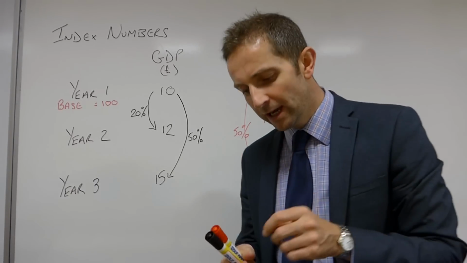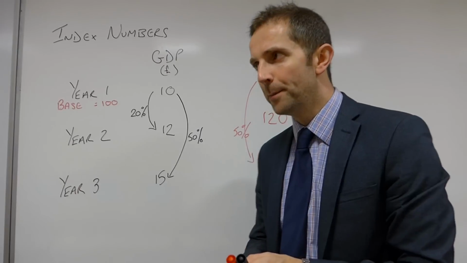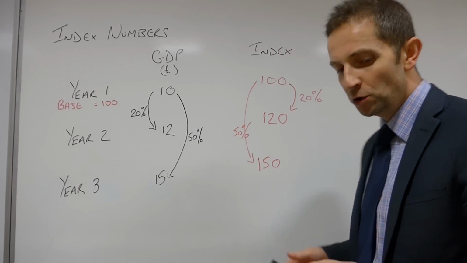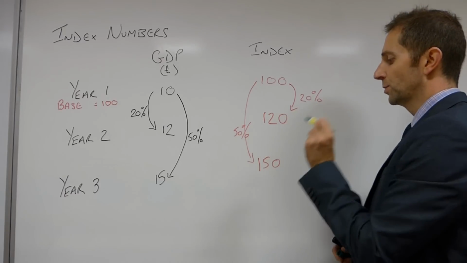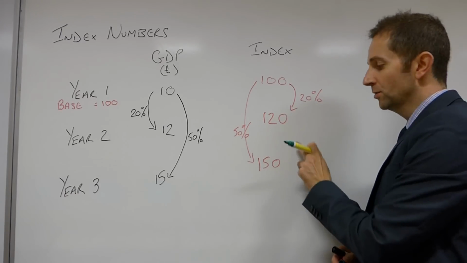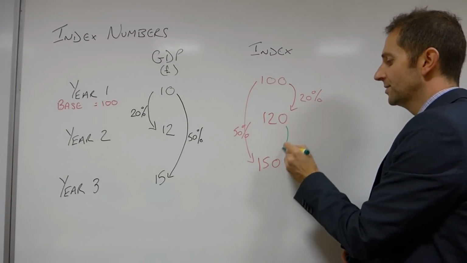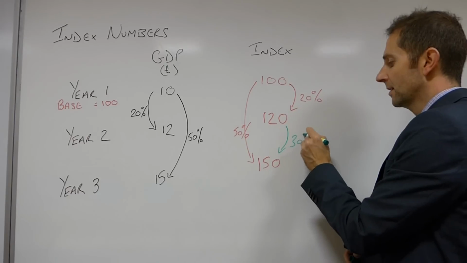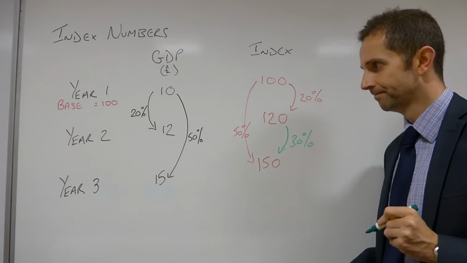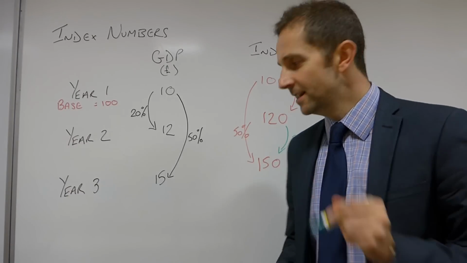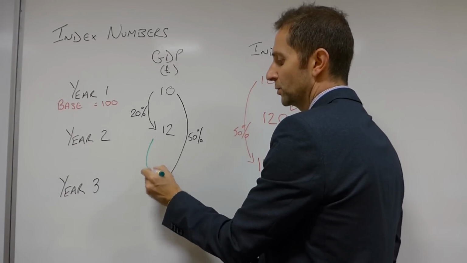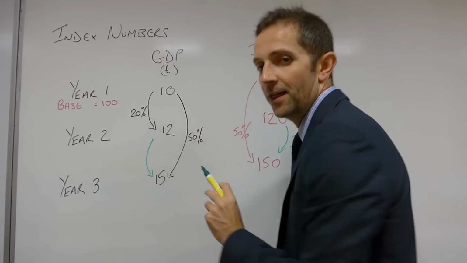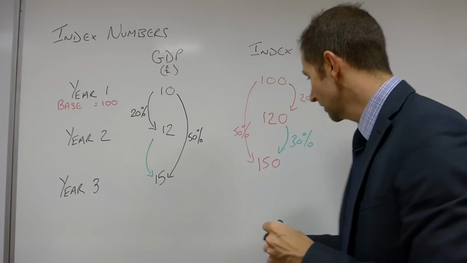However, there's an NB here, ladies and gentlemen, a nota bene, note well. You cannot say that the change from 120 to 150, from year 2 to year 3, is a 30% change. In the same way as the change from year 2 to year 3 over here, from 12 to 15, is not a 30% change either.